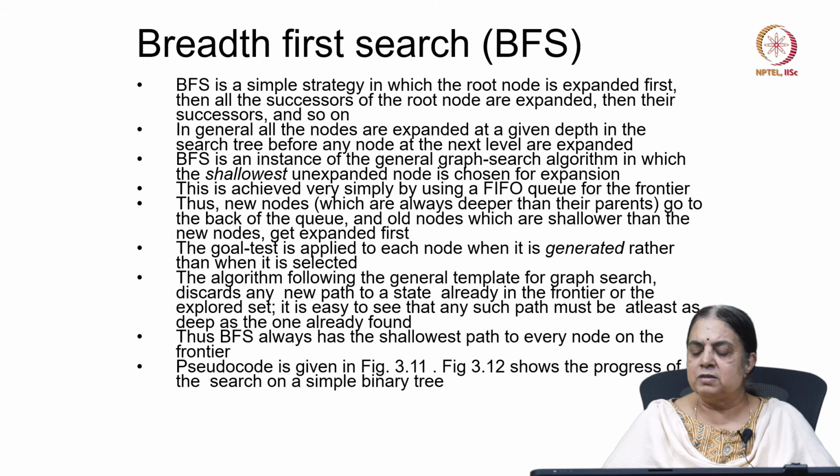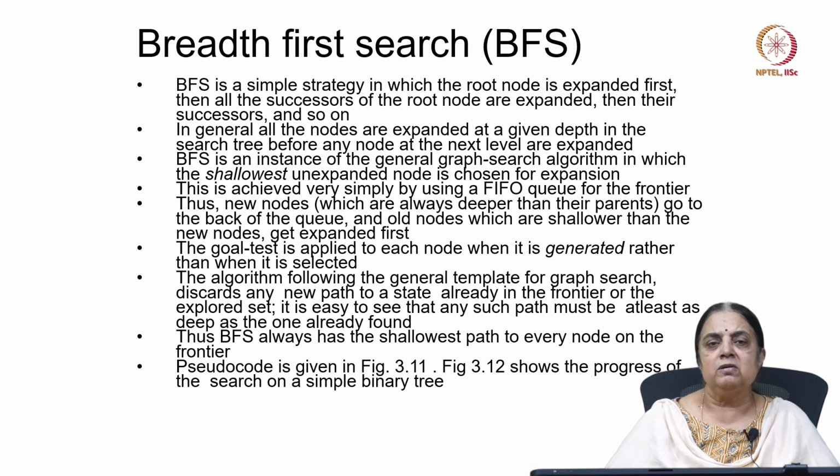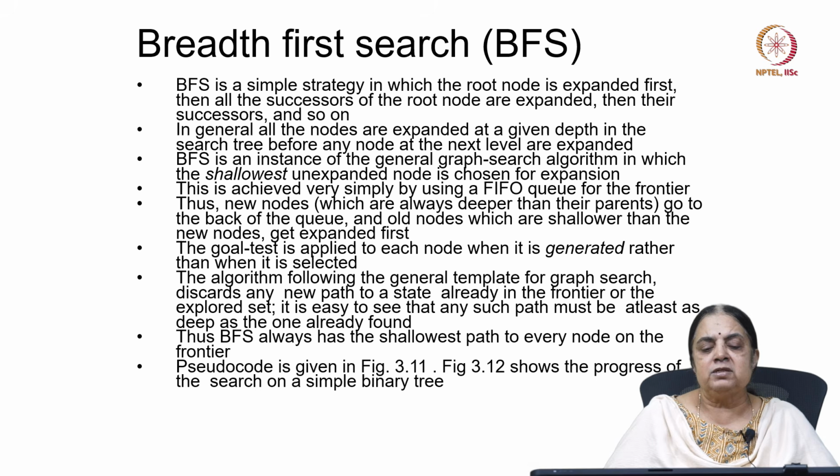As soon as you find that a node is a goal state, you need to find the path from the start state to that goal state. We are guaranteed that we are getting the shallowest path. The shallowest unexpanded node is chosen for expansion at every point in time.